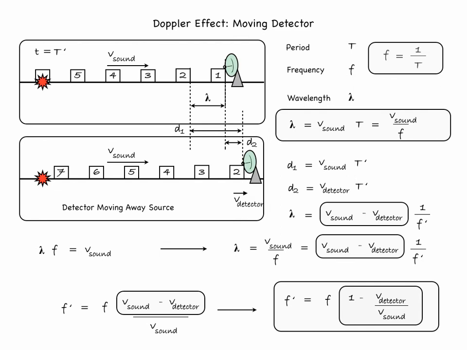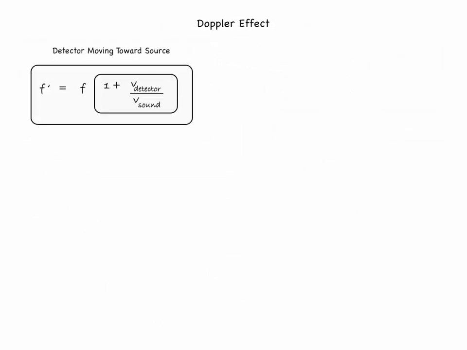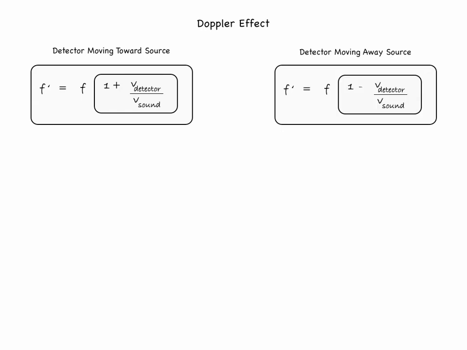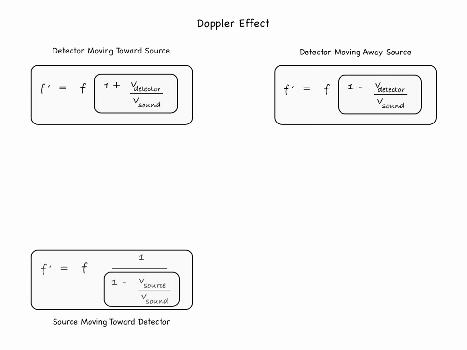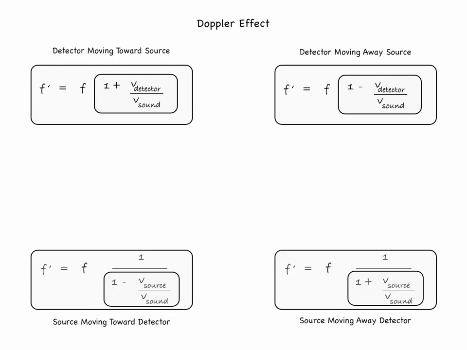Now let's combine the results for when the detector was moving toward the source and when it was moving away from the source. And then we'll combine those two results with the results from when the source was moving toward the detector and when the source is moving away from a detector.